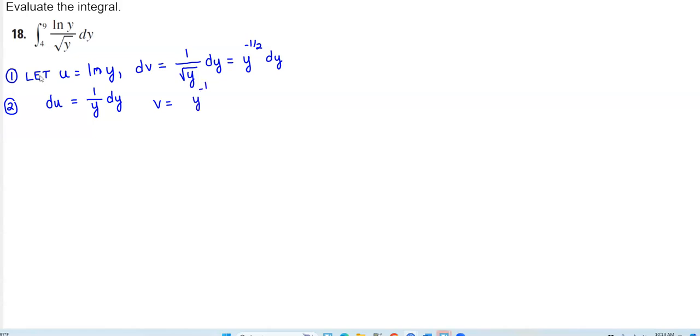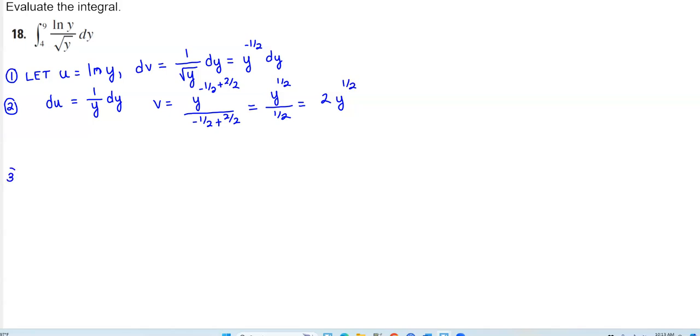So that's y to the negative 1/2 plus 1 over negative 1/2 plus 1. So we end up getting y to the 1/2 over 1/2, which is equal to 2 times y to the 1/2.